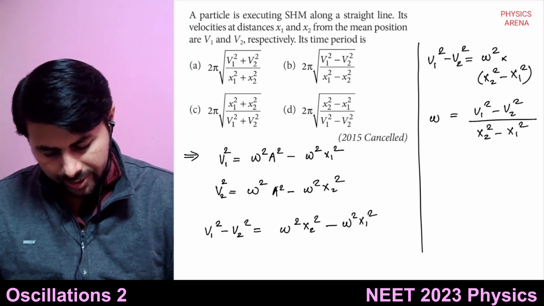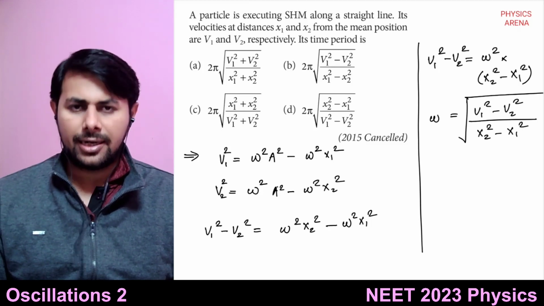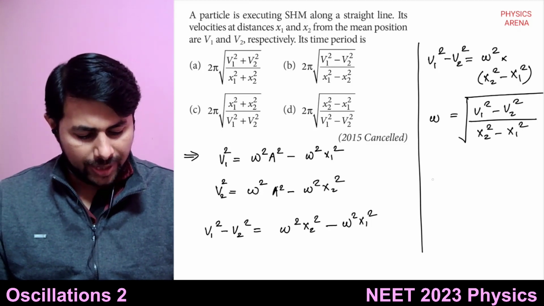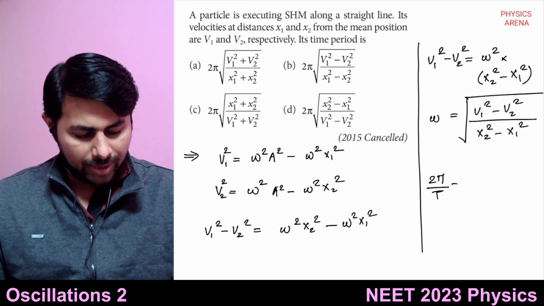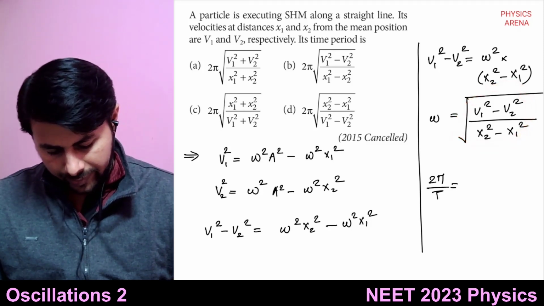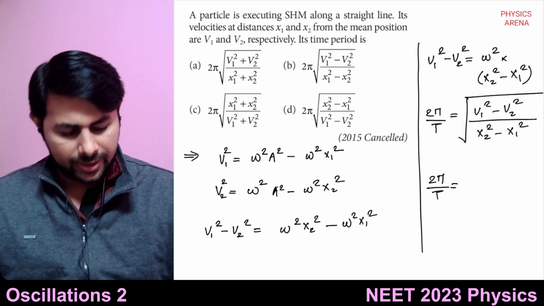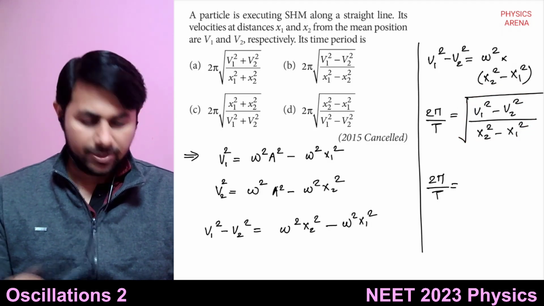We can take square root of this. So we get omega. And what is omega? It is 2 pi upon T. So 2 pi upon T is this thing. So let's take reciprocal of it.